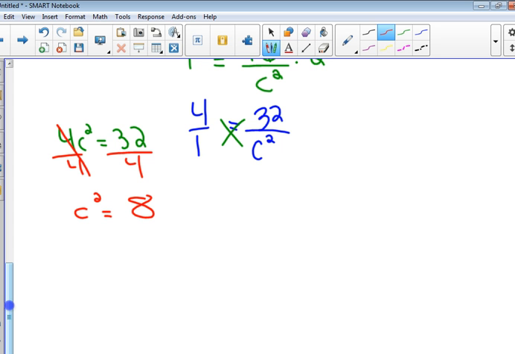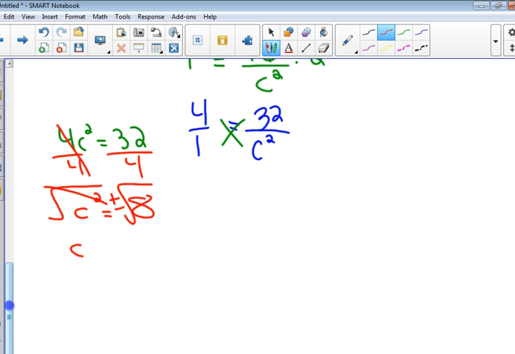And then just watch out for this part, guys. When you are here to get rid of your squared, make sure we do plus or minus in front. When you have even exponents, you have to do the plus or minus. Odds, we don't have to.